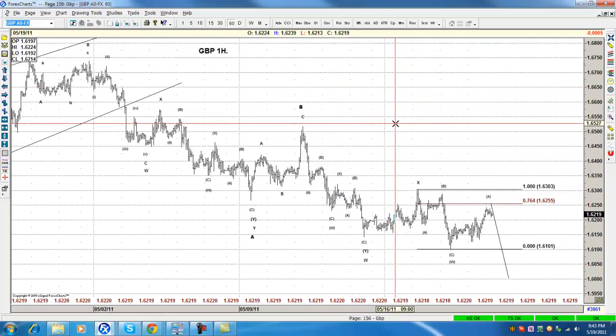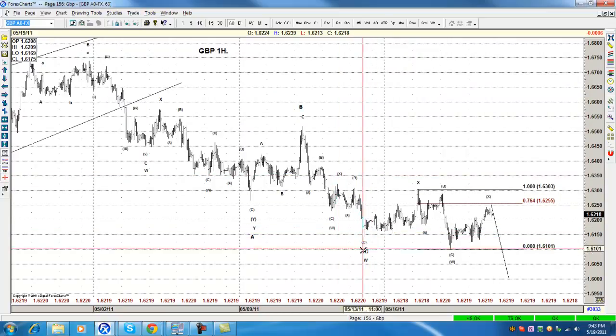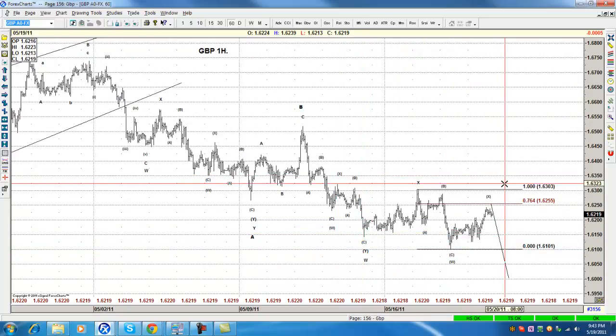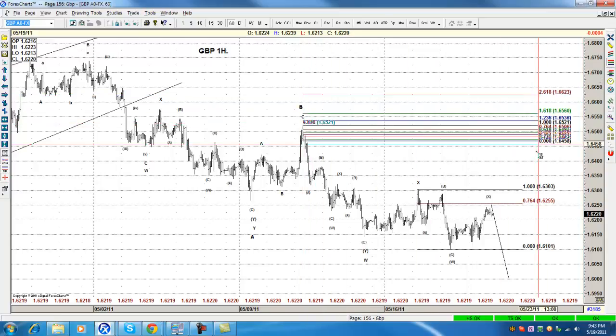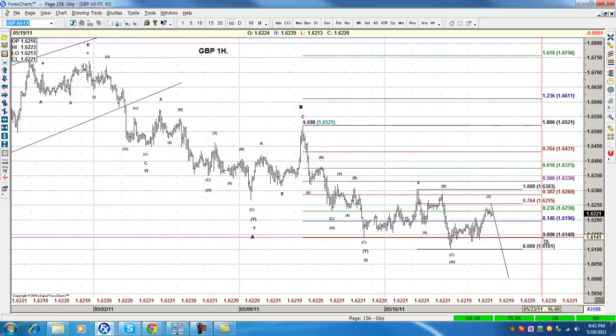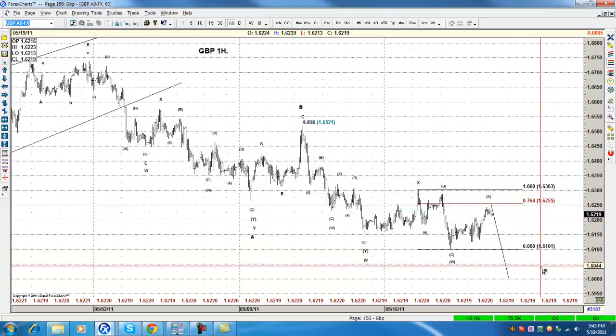Now, what I mean is that that's one of the counts. When this is W, this is a flat B that is going to take it to around the 618, right here around 163.30, 163.76, and then it's going to drop.